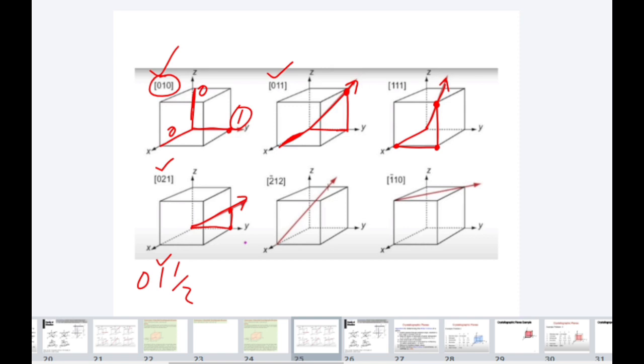Now look here. We have -2, 1 and 2. So it means if we divide it by 2, we will get -1, 1/2 and 1. Now if this is the origin, this is +1, you see? This is +1, but we have to represent -1.